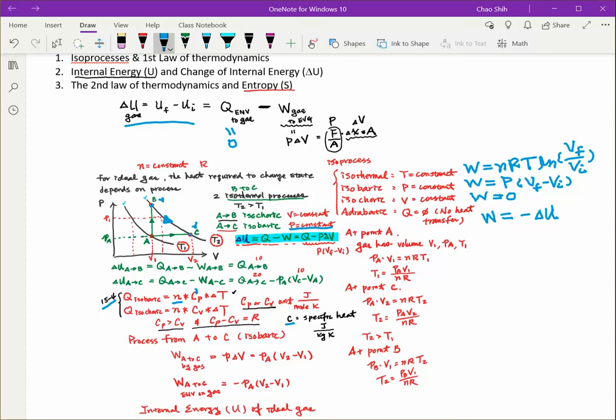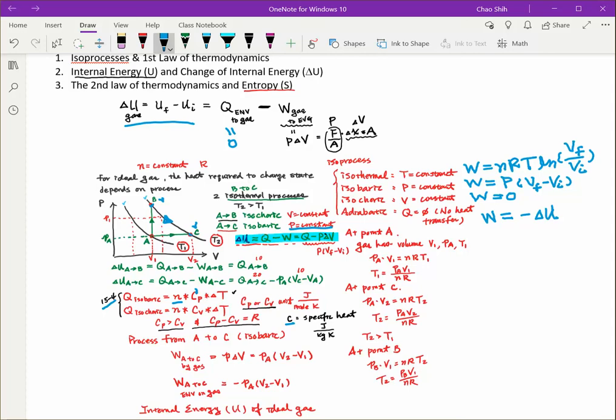CP is greater than CV, meaning if you want to change the temperature by 1 degree for 1 mole, you need more heat when you keep the pressure constant, as opposed to keeping the volume constant. That is what this equation means. It tells you how you can relate CP and CV.